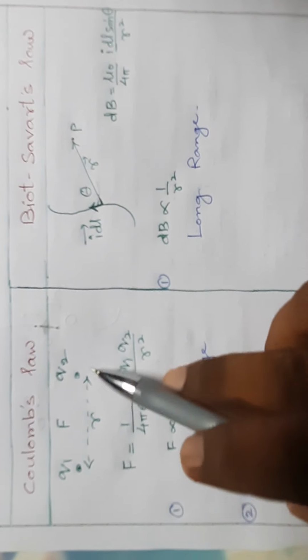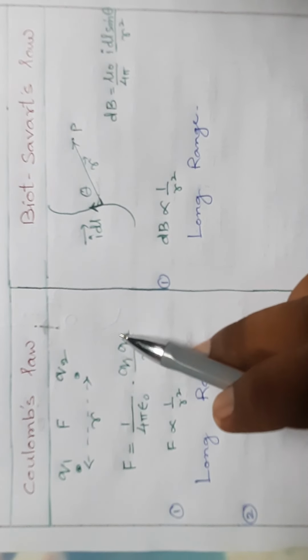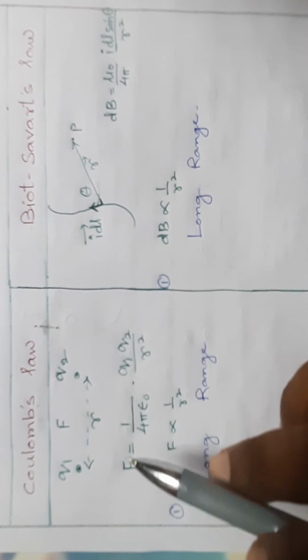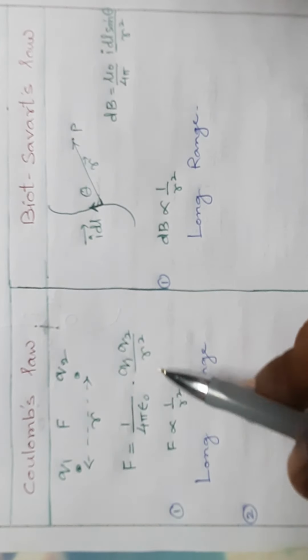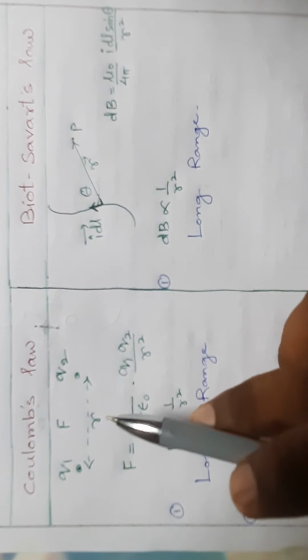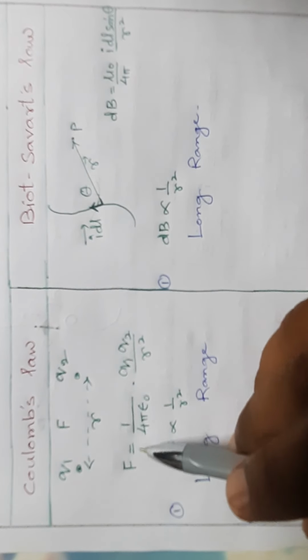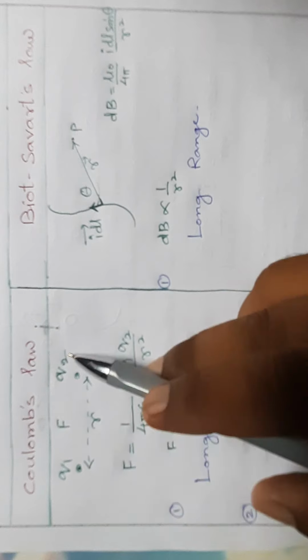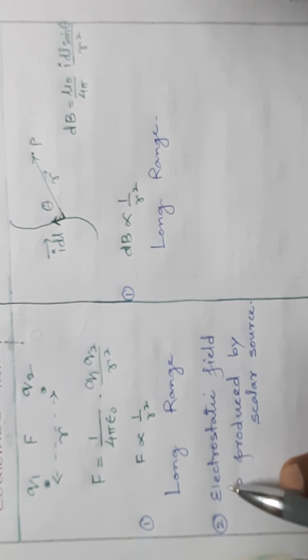Now, this electrostatic field is produced by charge, and charges are scalar quantities. So for Coulomb's law, the source of the electrostatic field is a scalar source. Why? Because the force is produced by these charges, and charges are scalar quantities.